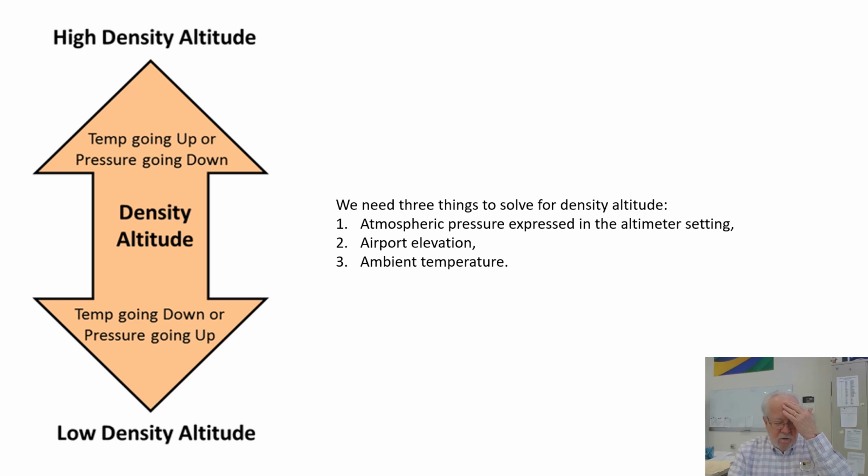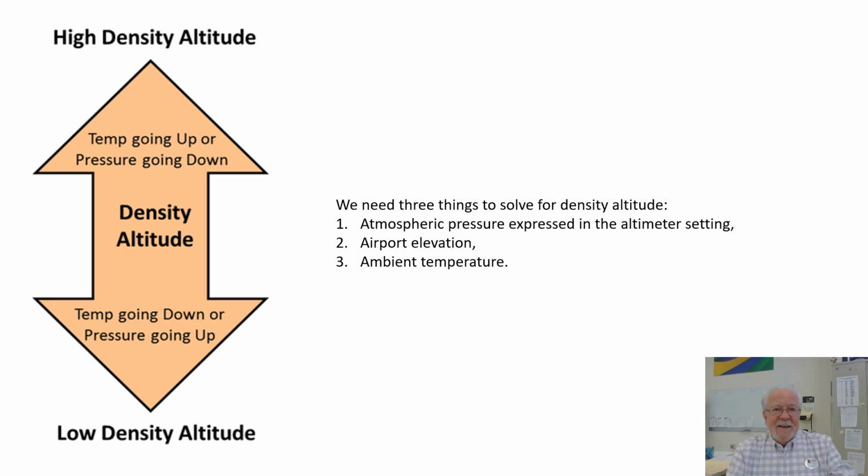The whole point of this exercise is to graphically demonstrate the density altitude issue. Density altitude, as you see on the left side of the graphic, rather, as temperature gets warmer than standard, the density altitude is higher, which means the aircraft has less performance.